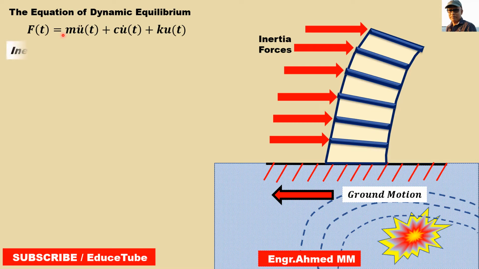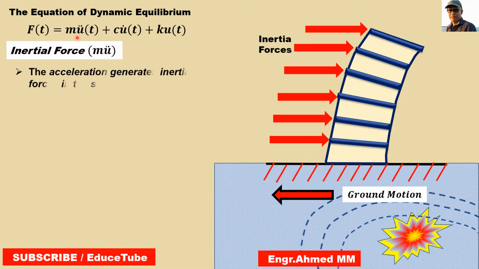We will discuss inertia forces. It is the first term of the equation of dynamic equilibrium, and this is mass, and u double dot is acceleration. This acceleration generates inertial forces.